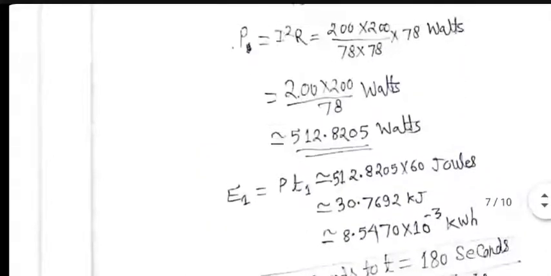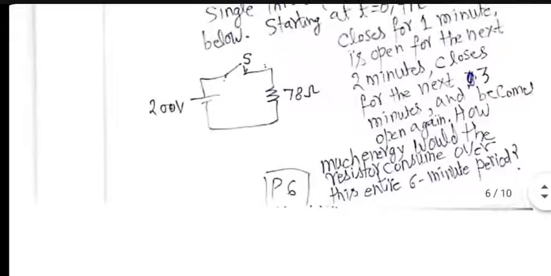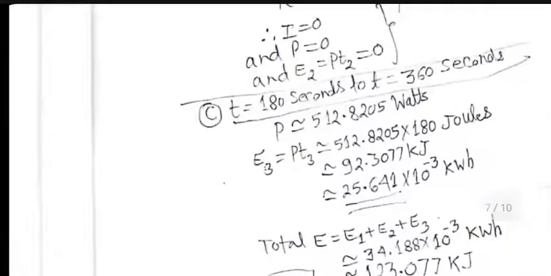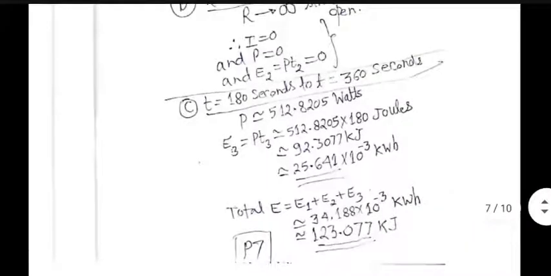And for the last 3 minutes, we repeat the calculation assuming T equal to 180 seconds. So we get the answer 92.3077 kilojoule. Now add up the numbers. E2 is 0, obviously. In the second part, there was no consumption.